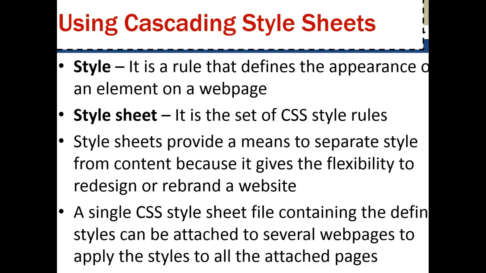So what is a style? Basically, a style is a rule that defines the appearance of an element on a web page. Up to these chapters, you created a website for Forward Fitness Club, and we talked about how to put the content in there, put a link, and create an about page and contact us.